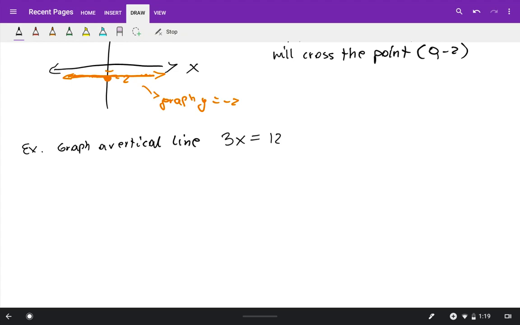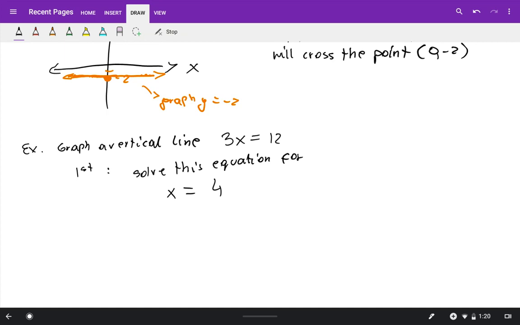So what are you going to do? First, you want to solve this equation for x. We divide both sides by 3 and get x equals 4. So your vertical line wants to be x equal to a number.